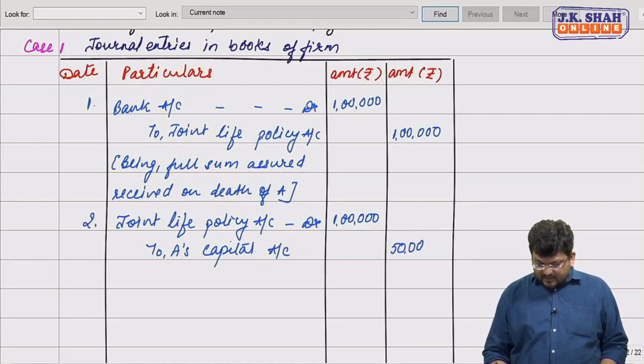To A's capital account 50,000, to B's capital account 30,000, and to C's capital account 20,000.